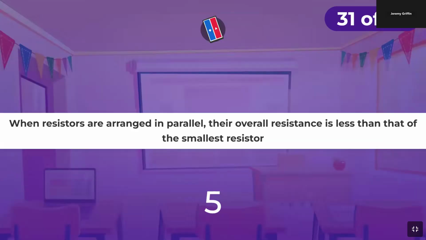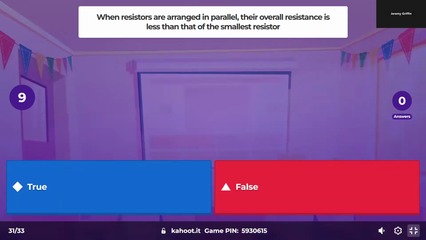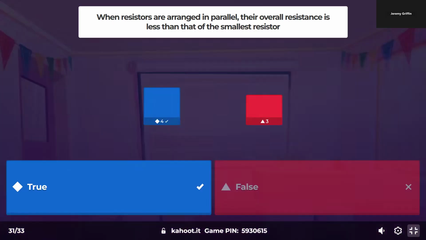When resistors are arranged in parallel, their overall resistance is less than that of the smallest resistor. That is true. Isn't the math the same as teaming up to paint a fence, or any kind of teamwork?